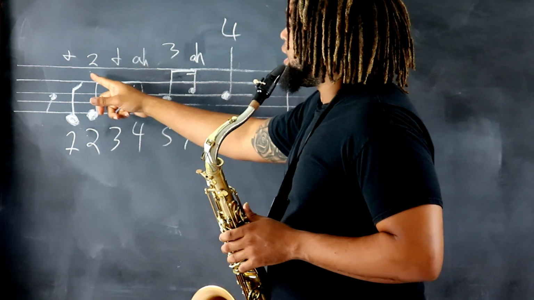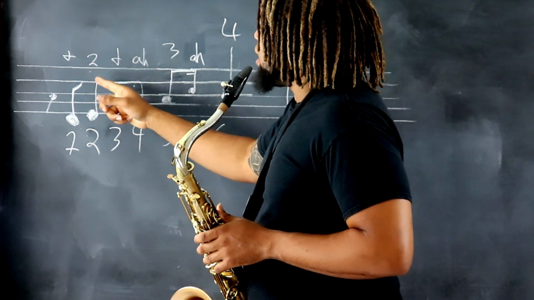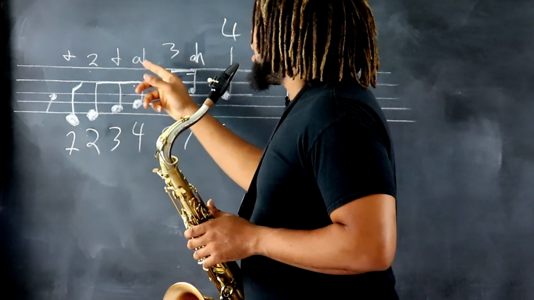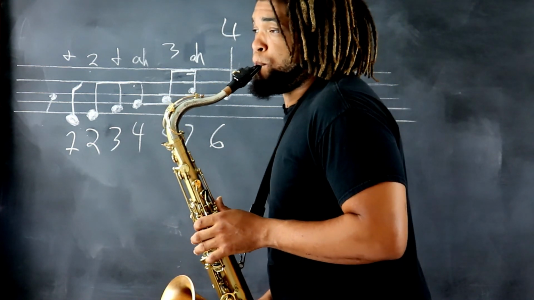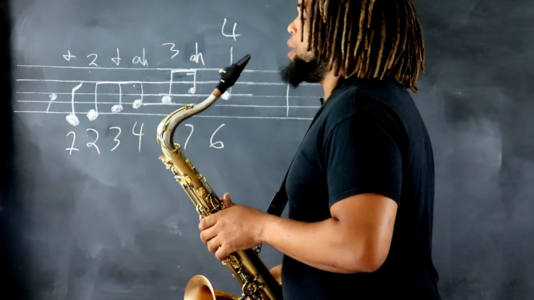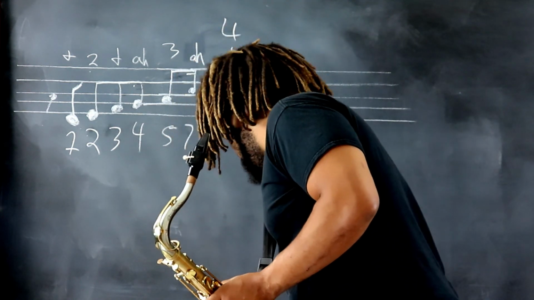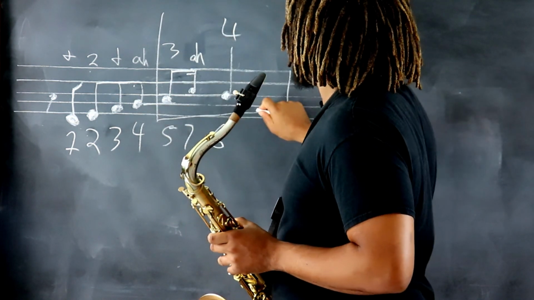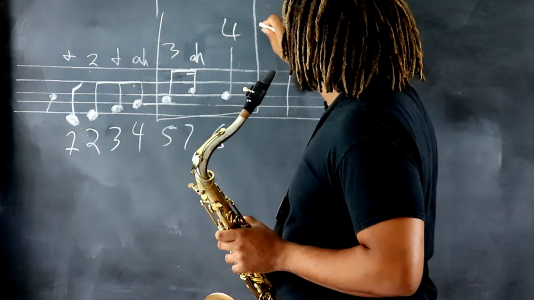So if we count this lick out, it goes, and 2 and a 3-4 and 2 and a 3-4. It's the 3-4 which we want to focus on and detail as the central theme of our motif here.